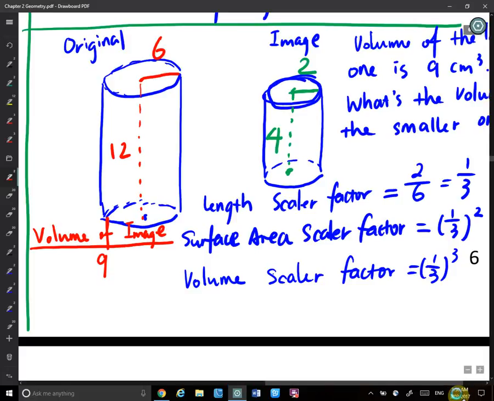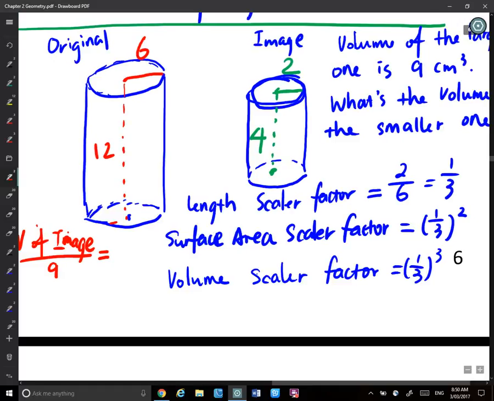V of image over the volume of the original should give you the volume factor, which is 1/3 to the power of 3, which is 1 on 27.